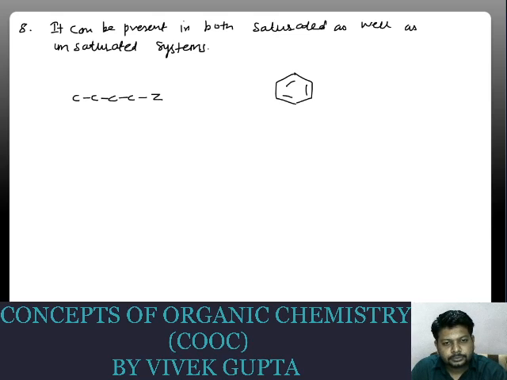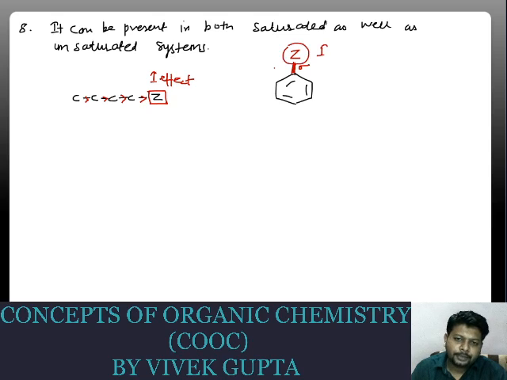Suppose the Z group is exerting some I effect, then it will be operated through sigma bonds. So obviously saturated systems will be giving I effect. That is easy to understand. Now suppose to this benzene ring a Z group is attached through a sigma bond, or maybe to a multiple bond, but we are taking only a sigma bond, and this is causing some I effect.